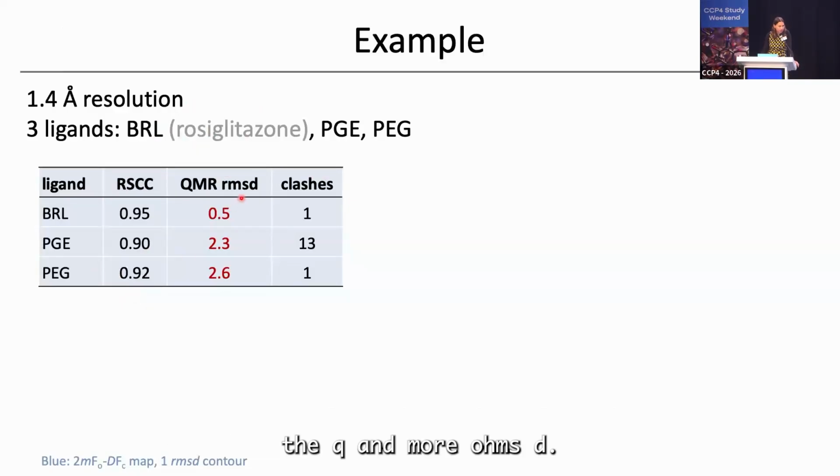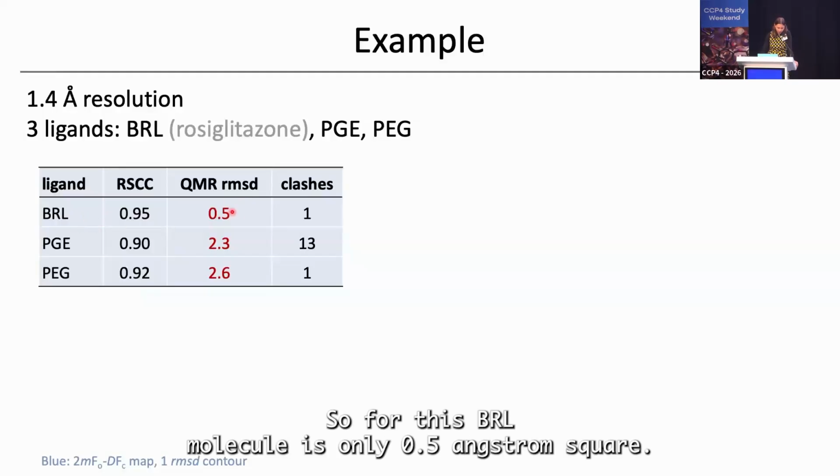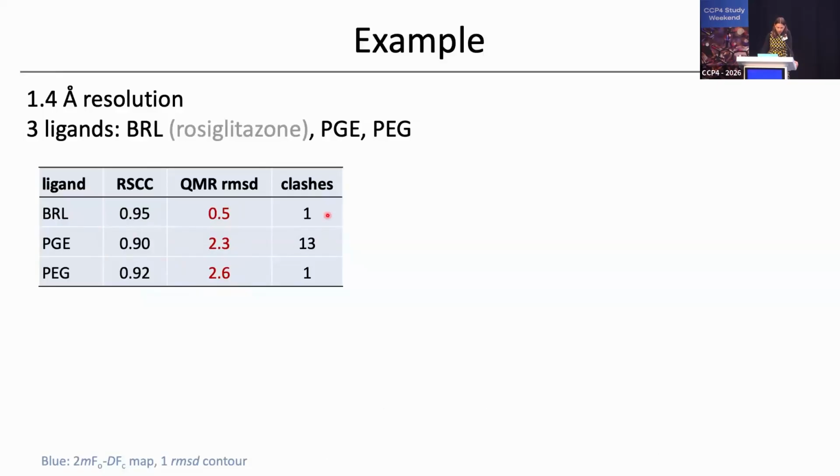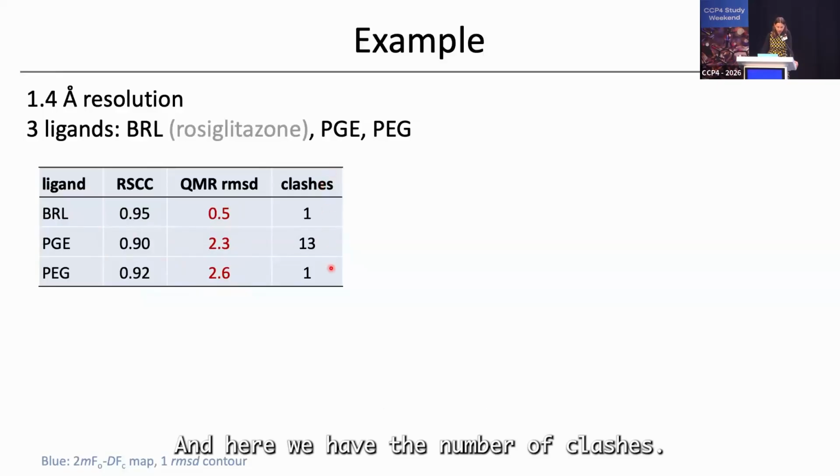The QMR RMSD, so how much the ligand moves, varies though. For this BRL molecule, it's only 0.5 angstrom, and for the PEG molecules, it's more than 2 angstrom. And here we have the number of clashes: 13 clashes for the PGE compound.